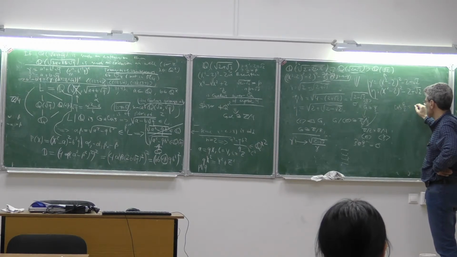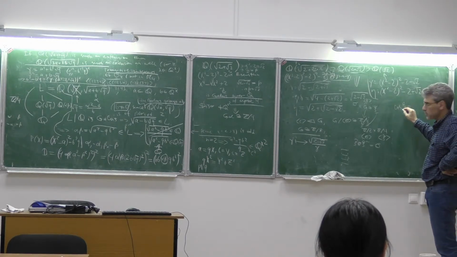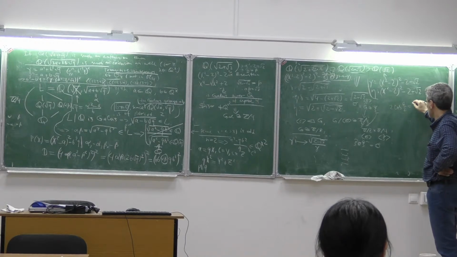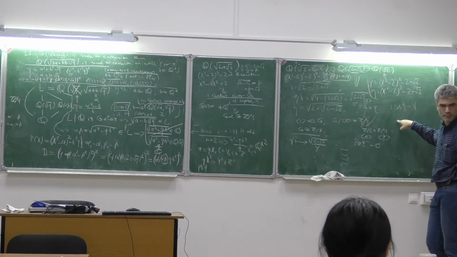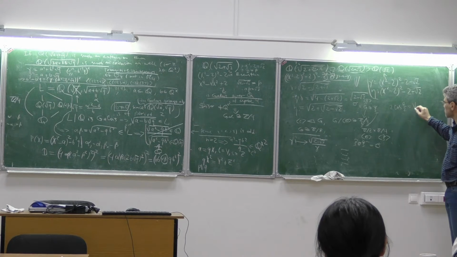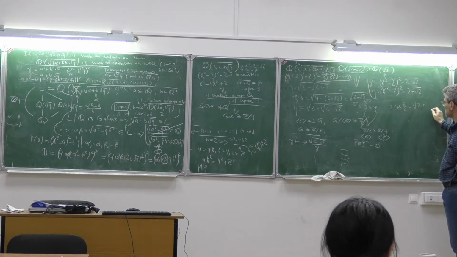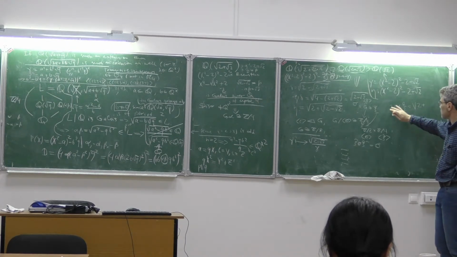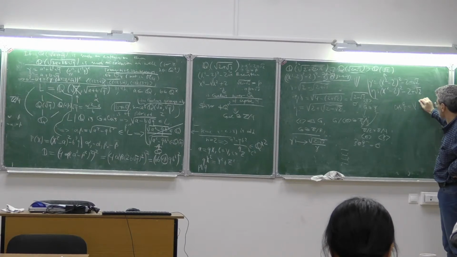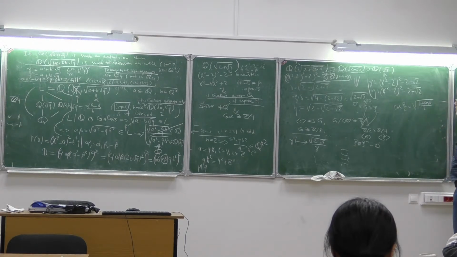What is this? Maybe twice cosine. It is 1/2 of cosine squared. 1 plus cosine theta over 2, yeah?